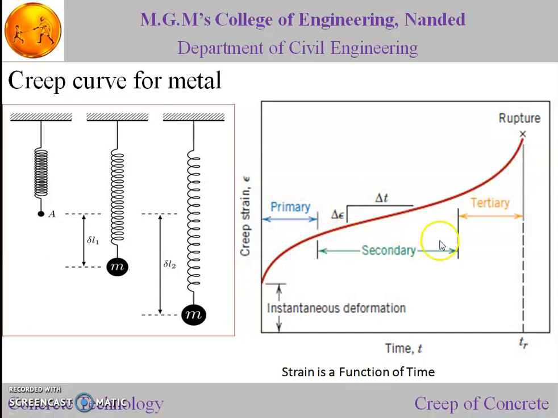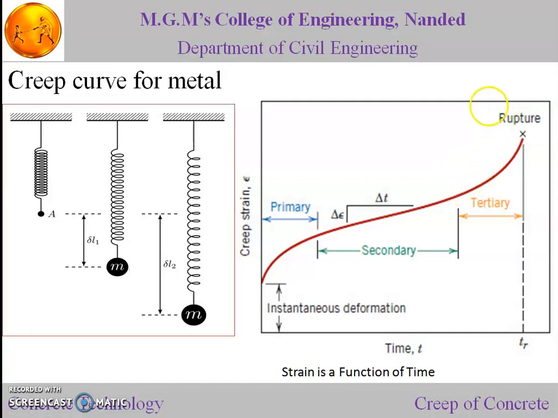In the next zone, called the tertiary zone, there is a gradual increase in strain over a shorter time. In this zone, the stress in the spring is more than the permissible stress in the spring.